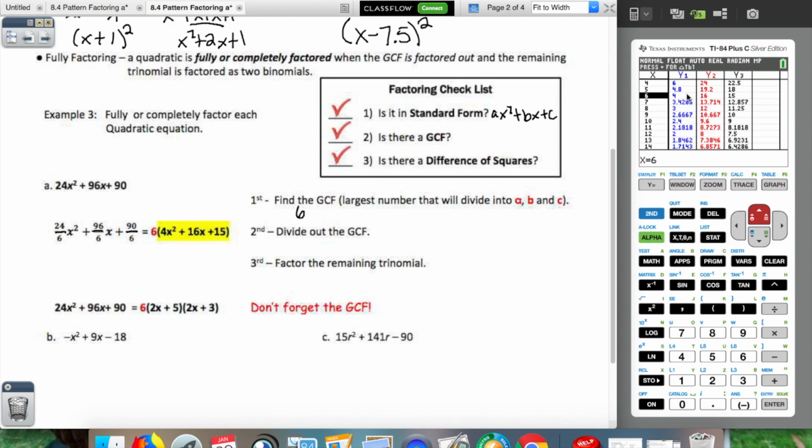Or, if you look here, because we put them in order, it does have to be put in the order A, B, and C. We could have just done 6, and then what did I get in y1? 4. 4x squared, plus, what did I get in y2? 16. Oops, forgot the x. 16x.